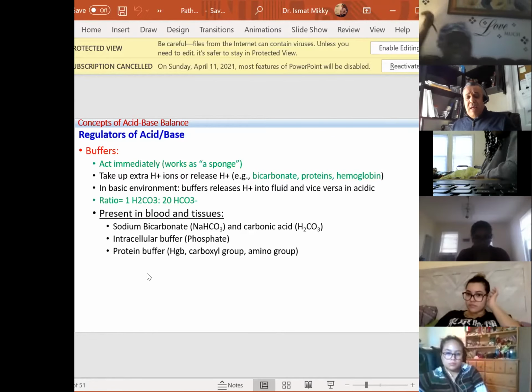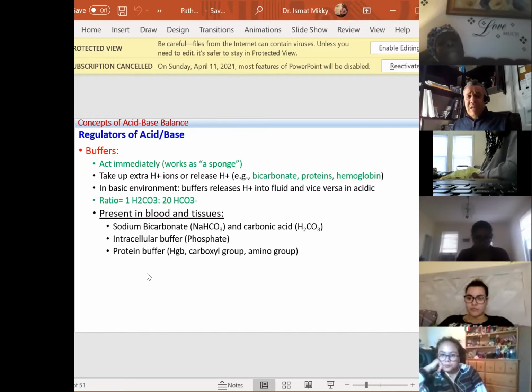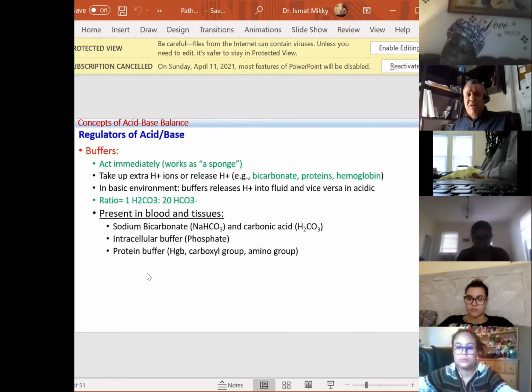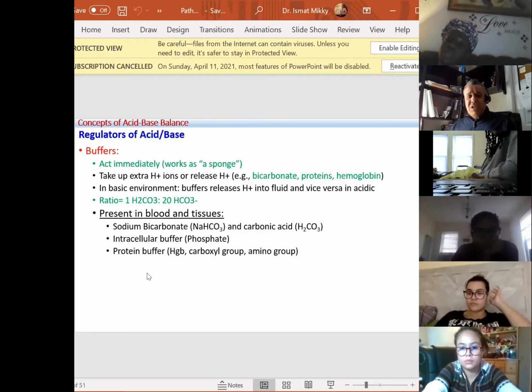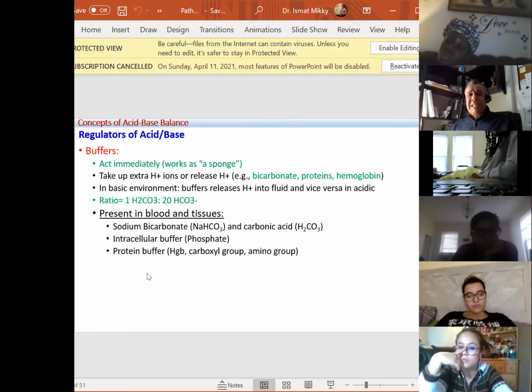From now on, when I say pH, I mean the arterial blood gases, in the blood, the plasma, because arterial blood gas values are slightly different from venous blood gas values. For example, the pH in arterial blood is supposed to be between 7.35 and 7.45.